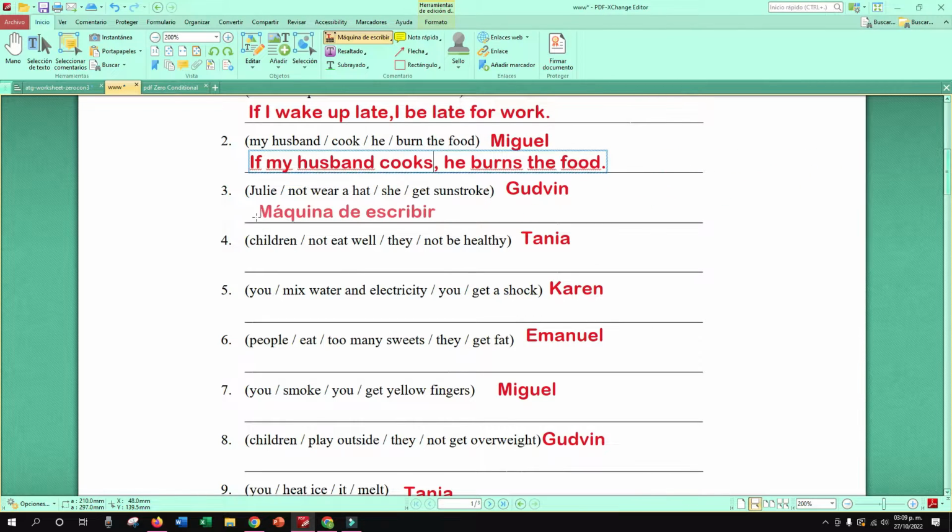Thank you, Mr. Miguel. Very good. What about number 3, Mr. Goodwin? Okay. If Julia doesn't wear a hat, she gets sunstroke. Excellent. If Julie doesn't wear a hat, comma or no comma, Mr. Goodwin?